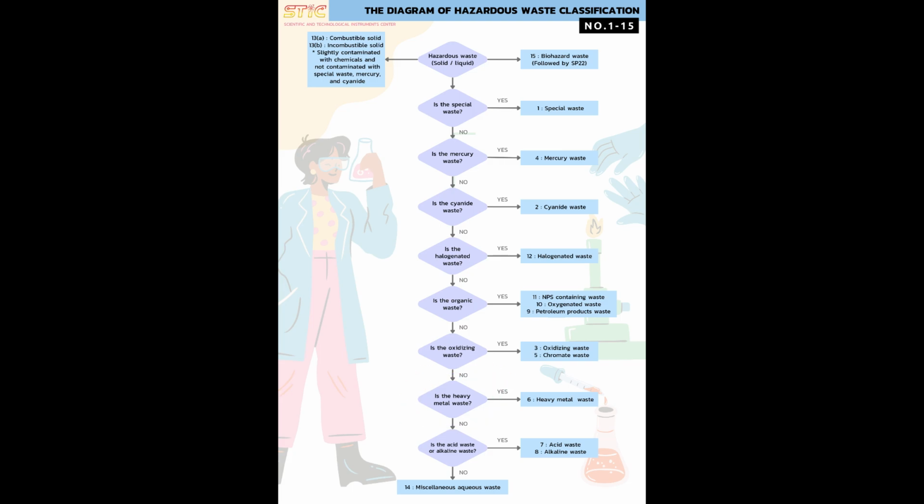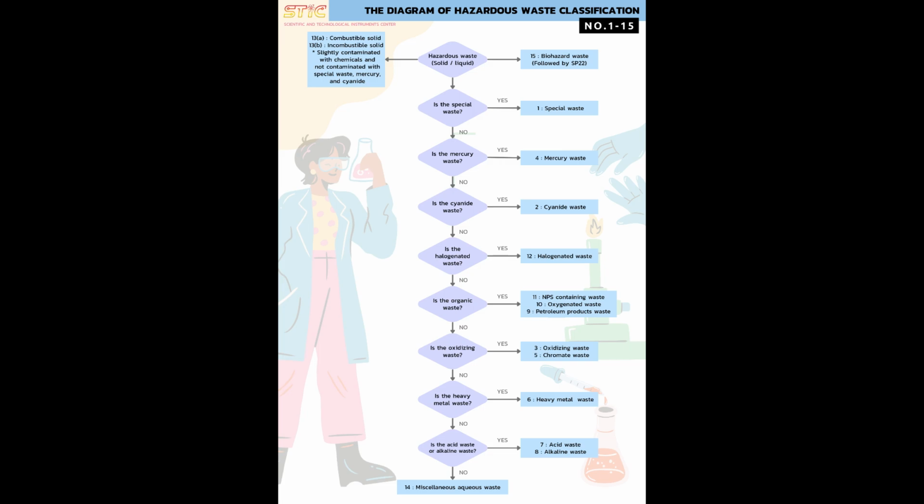If not, go on. Now ask, is it acidic or alkaline waste? If it's a strong acid, like hydrochloric acid or nitric acid, it is Category 7, acid waste. If it's a strong base, like sodium hydroxide or potassium hydroxide, it is Category 8, alkaline waste. Both are corrosive and can damage containers or surfaces if spilled.